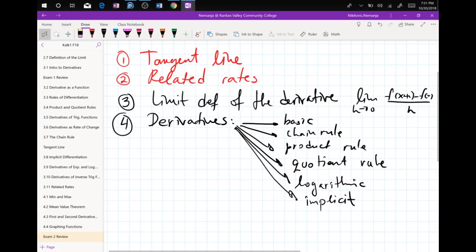Now, we did talk about trigonometric. Well, they're under basic, right? Inverse trig, don't forget the inverse sine, inverse tangent. Those are very important, right? The other ones, they don't usually show up, but those first two, right?